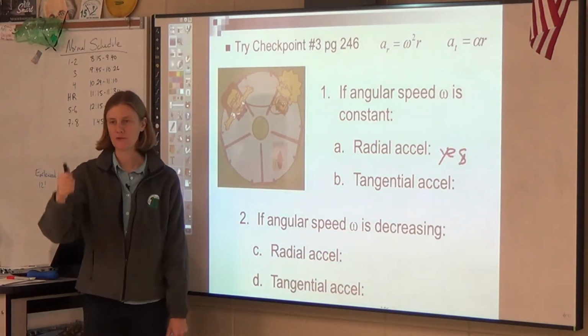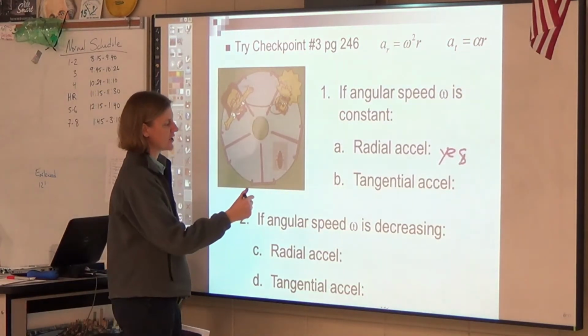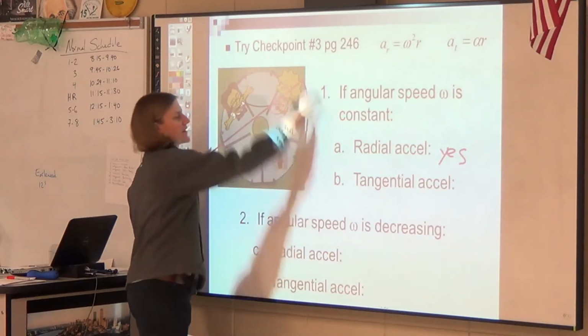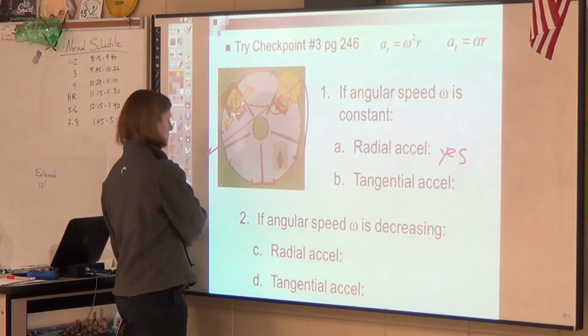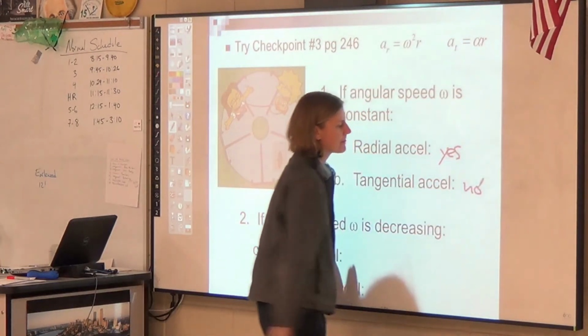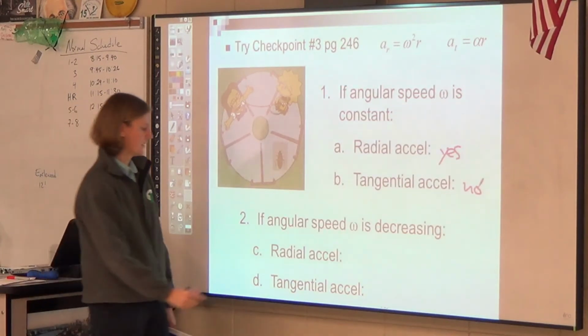Okay, Connor, what was your other answer? No, there's no tangential acceleration. Tangential acceleration implies we're going at a steady rate, then we're going faster and faster and faster. So that would be a no. And I skipped this. Let me throw that one in.